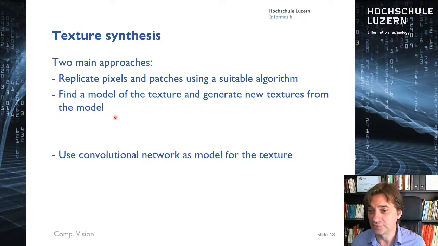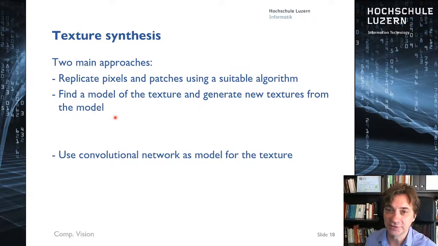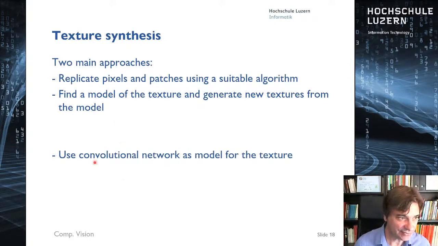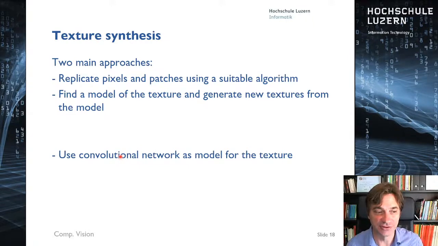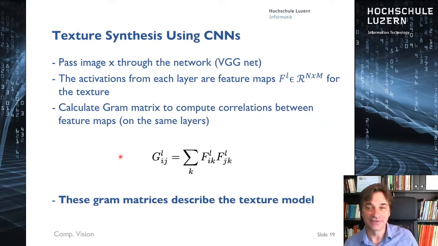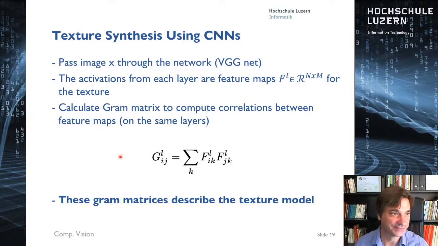And when we draw from the model, we can draw it for a higher resolution or for a larger image. The model is then captured by a convolutional neural network. So the question is, how can we get a convolutional neural network that acts as a model for the texture? Where is that texture in the model?